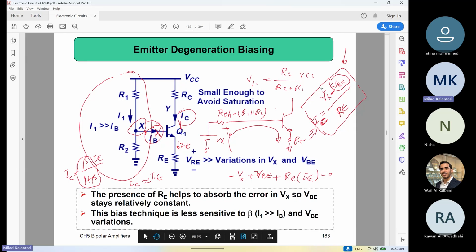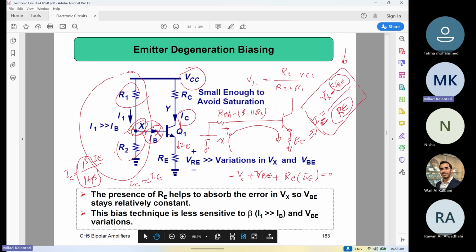Vx, we can adjust it, right? You are the designer. You can adjust the R1 and R2 values to make the Vx, because the Vx is coming from this voltage divider between R1 and R2 and the VCC. So as the designer, you have control of the VCC, R1, R2, right? The RE is under your control, right? You put this value.